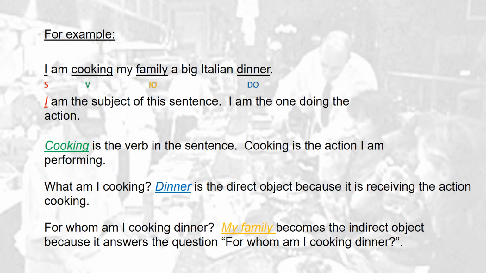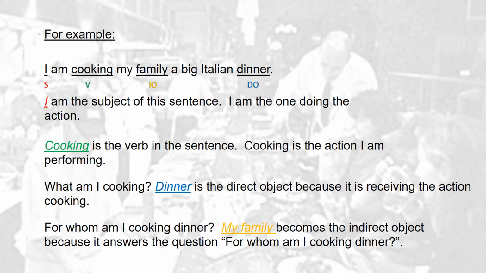Let's look at an example of a sentence with a direct and an indirect object. The sentence is, I am cooking my family a big Italian dinner. Well, let's start off by identifying the subject. I am the subject of the sentence. I'm the one that's doing the action.